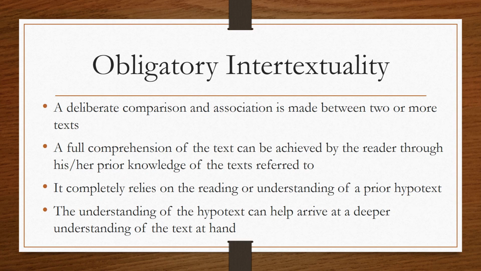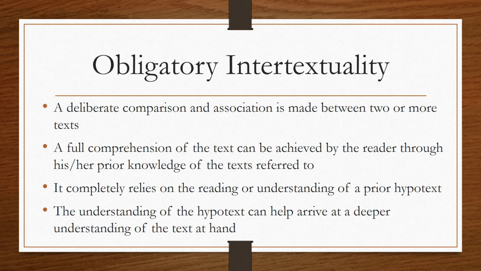What is obligatory intertextuality? Obligatory intertextuality occurs when a writer deliberately draws a comparison or association between two or more texts, and without a prior knowledge of the text or without the ability to grasp or to identify the intertextual connection, it is not possible for a reader to reach a complete understanding of the text.